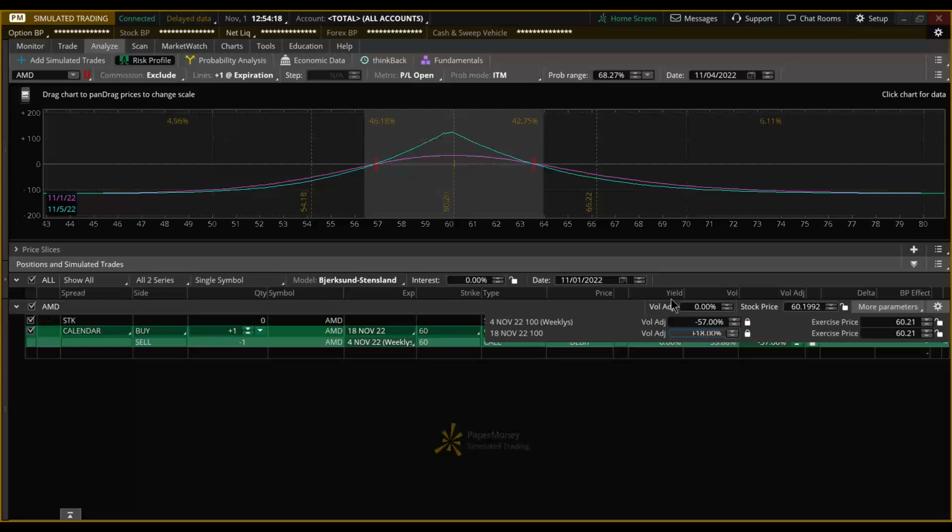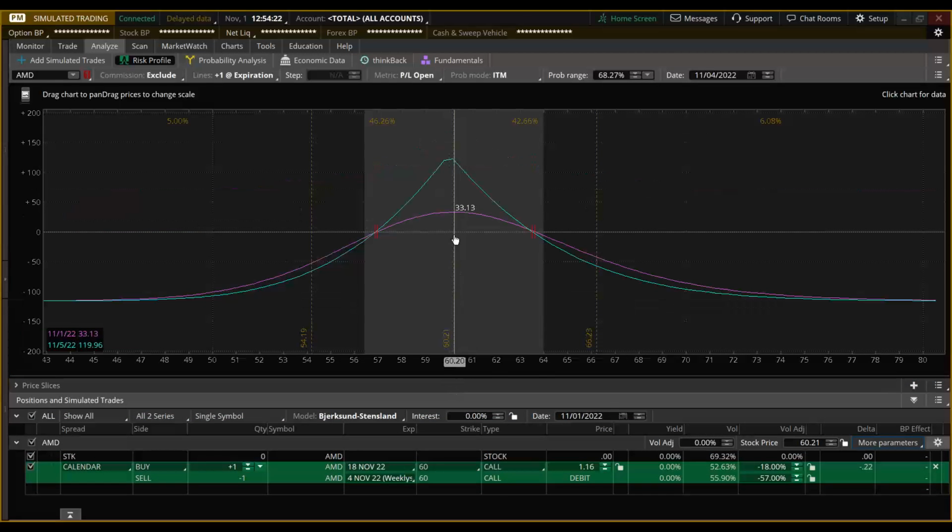And you notice here that the risk graph has now come in substantially, and this is what I was talking about. So I have a limited window of profit now that is no longer wider than one standard deviation.